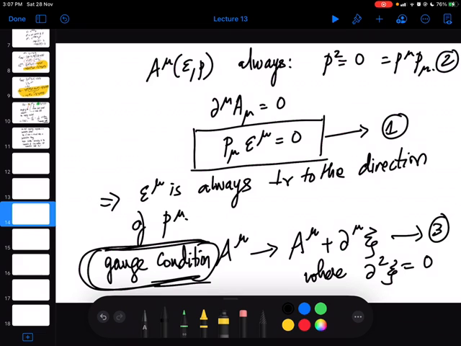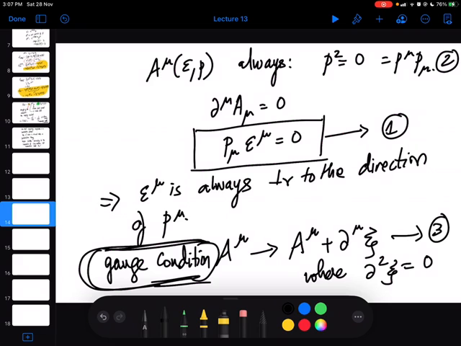Okay, and so in principle you can choose circular polarizations if you have something called non-covariant gauges.